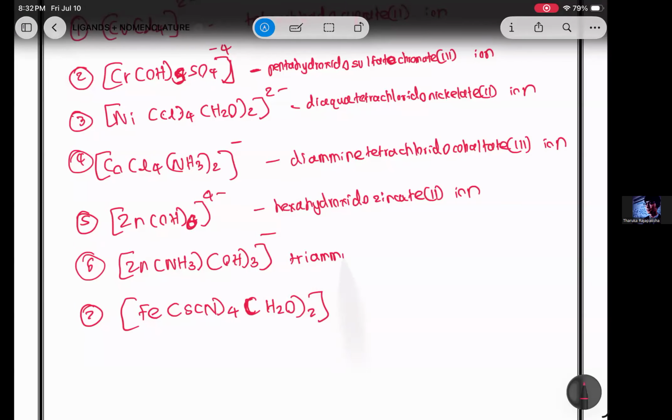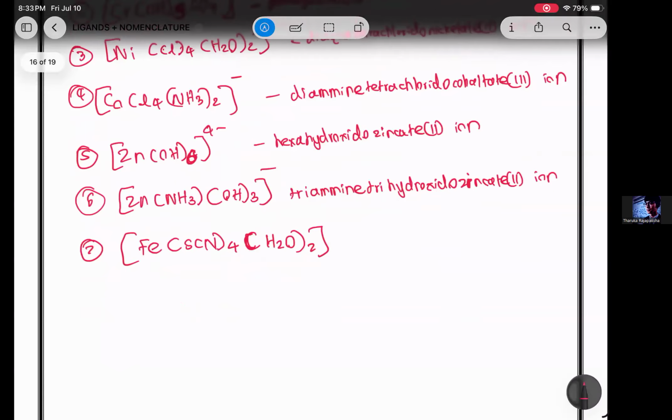This is triamine trihydroxido zincate 2 ion.